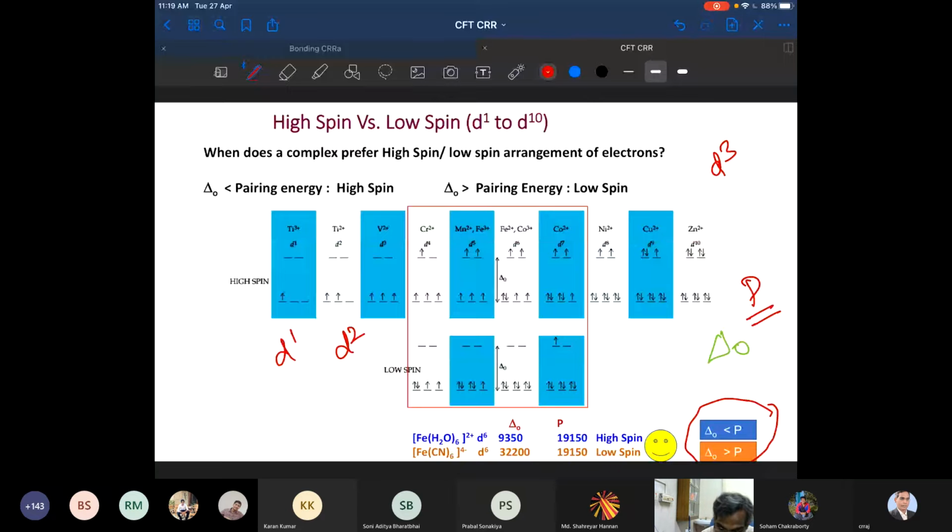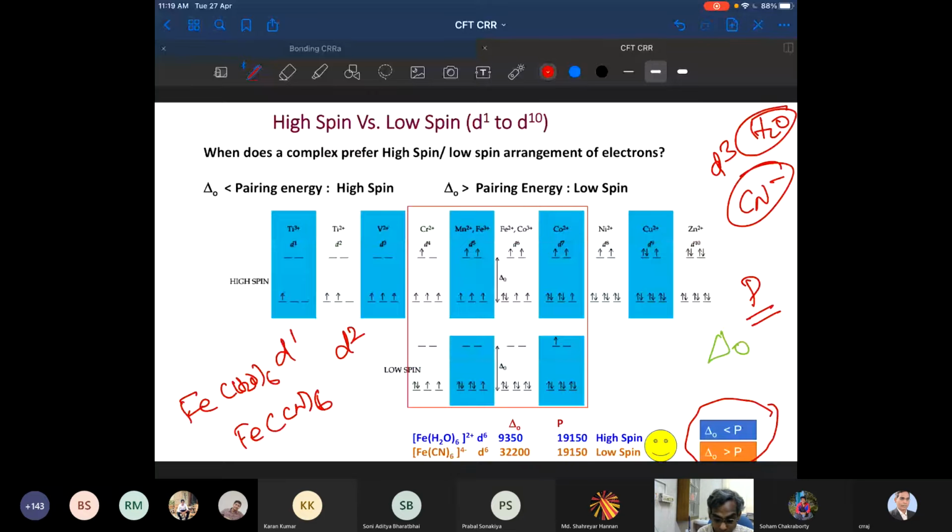For example, here I have given the iron hexaqua complex and the Fe(CN)6 complex. As you should be very familiar, water is a weak field ligand. On the other hand, CN minus is a strong field ligand. As a result, the energy gap changes, and the filling of electrons follows in a different way.